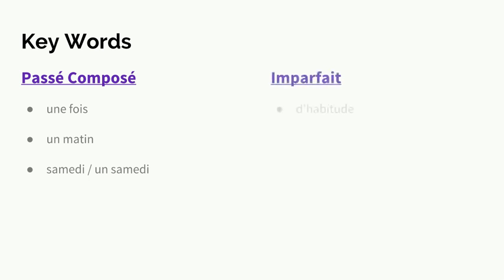The imparfait, however, has keywords like d'habitude, usually. Usually has the idea of repetition, so we're going to use the imparfait. Le matin, every morning, repetition, we're going to use imparfait. Ou le samedi, every Saturday. Again, the idea of repetition is going to use the imparfait in the past.